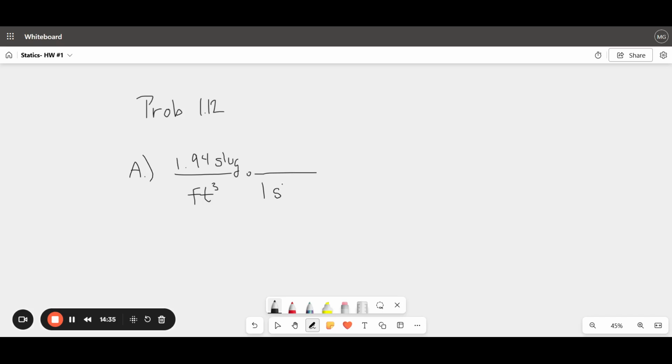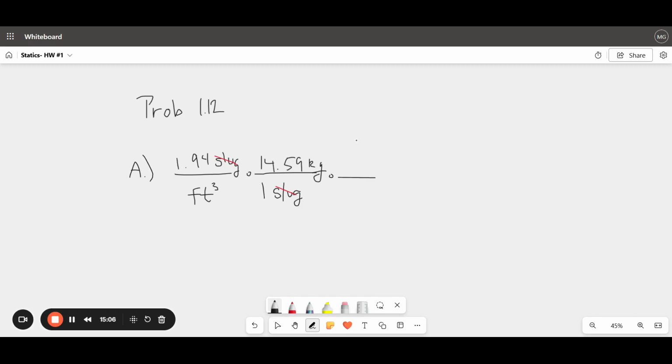So I already know that 1 slug is equal to 14.59 kilograms. Already there in that step, you're going to cancel all your slugs. And now you have kilograms over feet cubed.